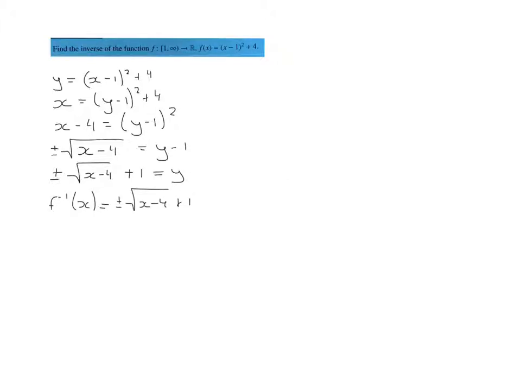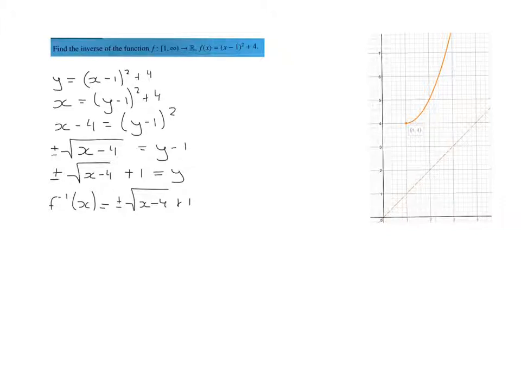Now to write the inverse in mapping notation, which I want to do, I need to know its domain. I have only been given the domain of the original, which means I need to find the range of the original to work out what the domain of the inverse is going to be. To do that, I'm going to graph the original function, which you'll see here on the right hand side. You can see that it starts at 1, 4. Now we know that the range of the original becomes the domain of the inverse.